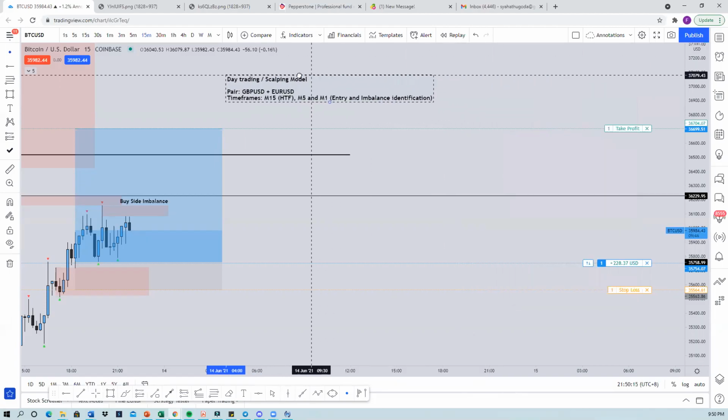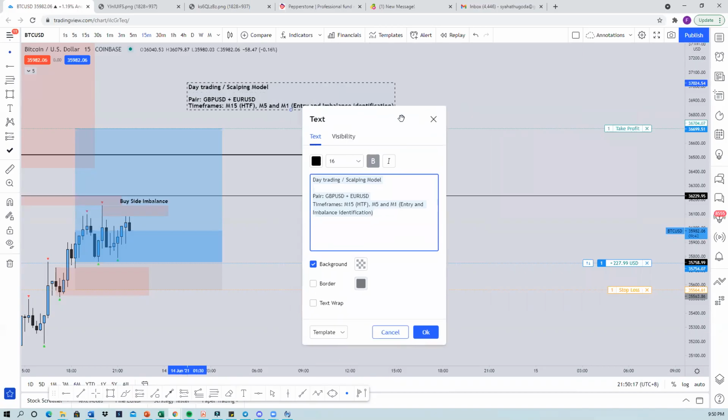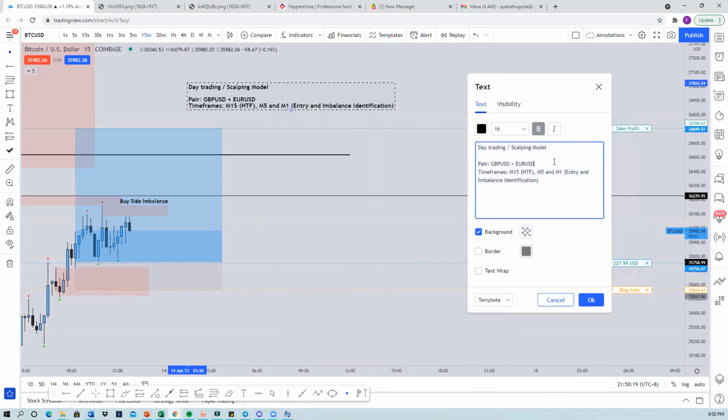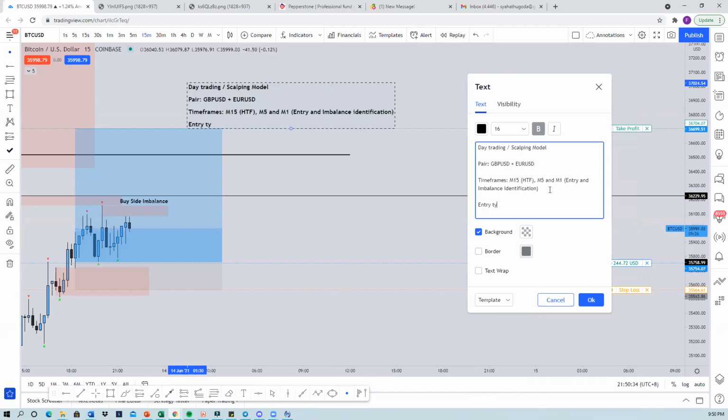All right, so time frames: 15-minute as your high time frame, M5 and M1 your low time frame for entry and imbalance identification, and you're going to enter limit orders.